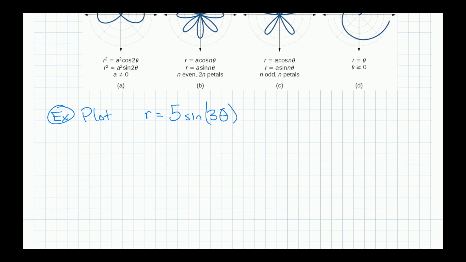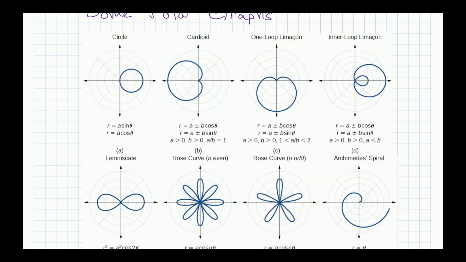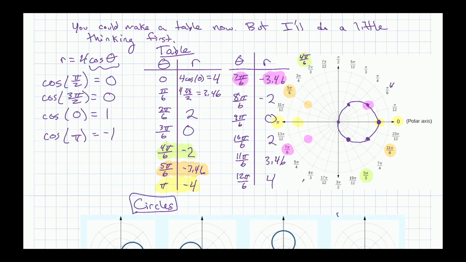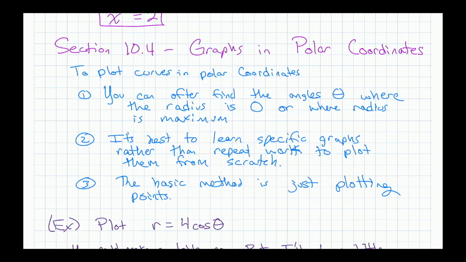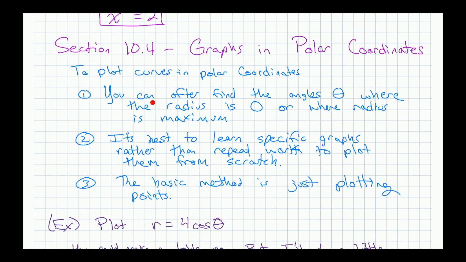Now, if we're going to plot this from scratch, this is where you get back into what I said up here, where I said it's best to find the angles theta where the radius is 0 or where the radius is maximum.